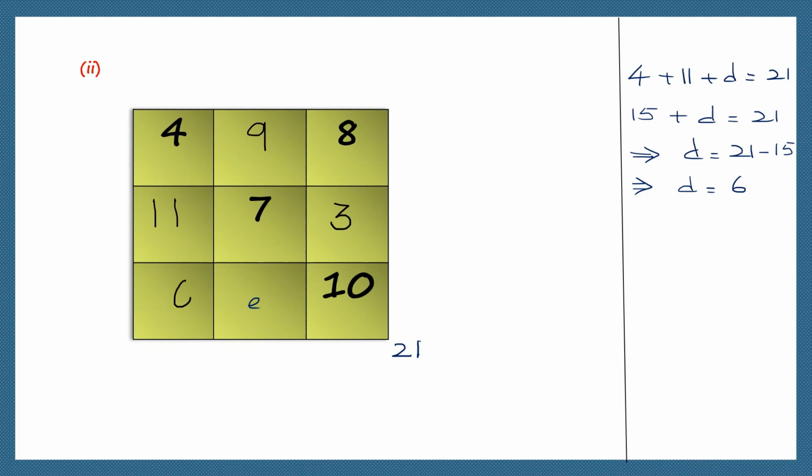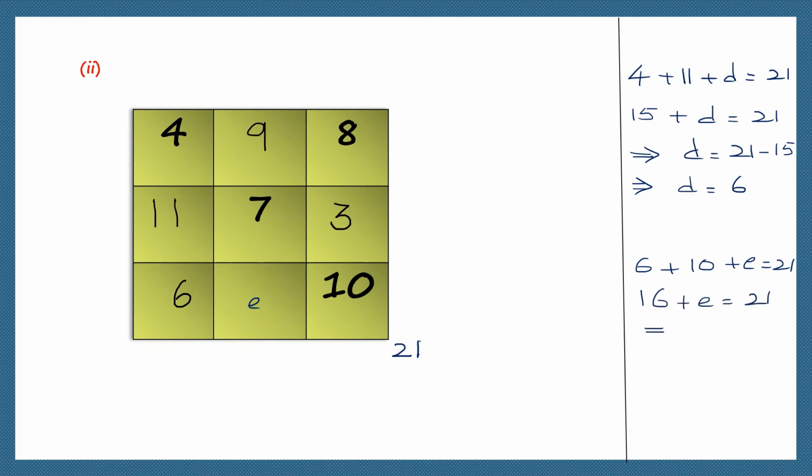Now we can find the value of E. We can either take it row wise or we can take it column wise. We will still get the same answer. Now let's take it row wise. So 6 plus E plus 10 should be equal to 21. So let's put the numbers first. 6 plus 10 plus E is equal to 21. 6 plus 10 is 16 plus E is equal to 21.